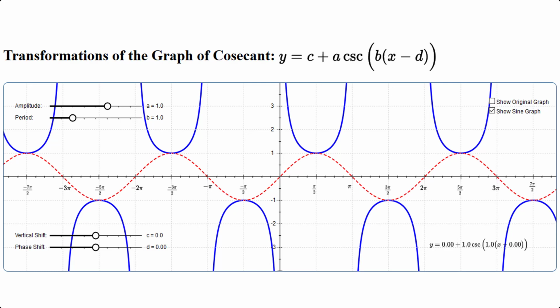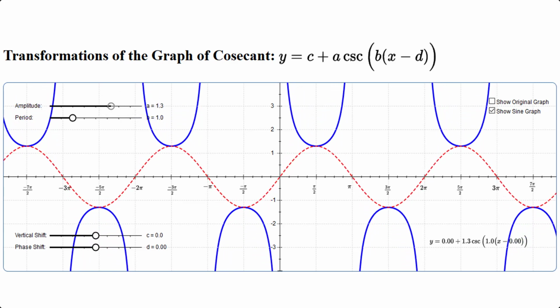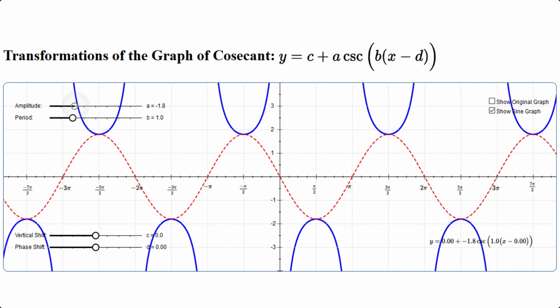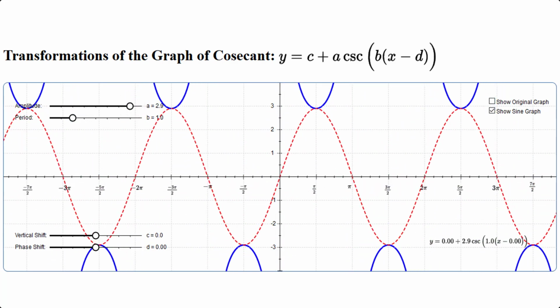So let's watch what happens. If I change the amplitude, the minimum and maximum values where that sine has is still the same exact points where the lowest points that the cosecant reaches, or the highest local points that the cosecant reaches.